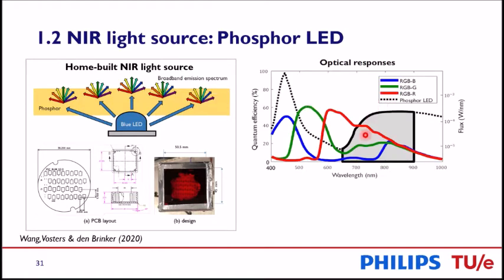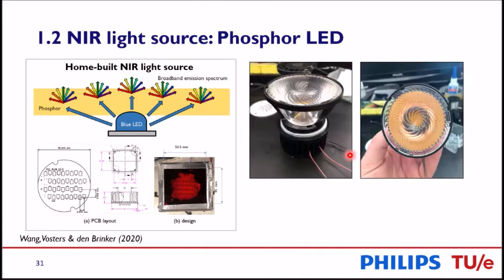And this is the optical response of the phosphor LED. By adding a band cutting filter, we can emphasize this part, and the spectrum band of this phosphor LED is continuous, and it satisfies our requirements for multi-wavelength sensing.